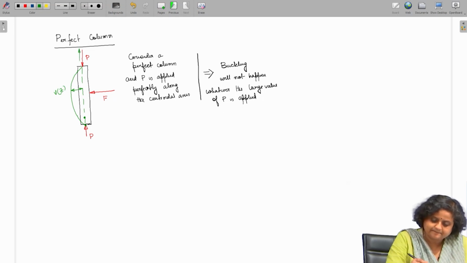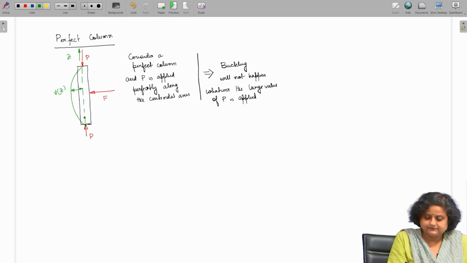So, this is Z. So, V Z is small lateral deflection.